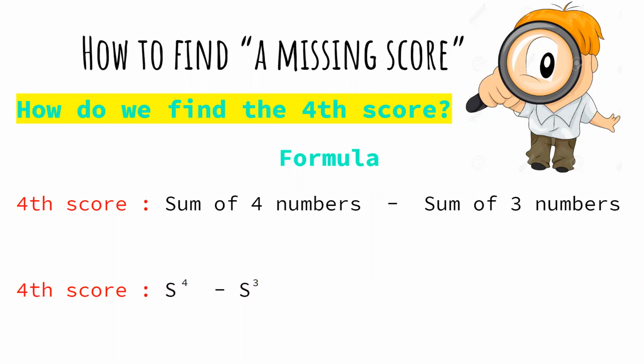So, to find the fourth score, you calculate the sum of the 4 numbers and subtract the sum of 3 numbers. And here's an abbreviated version. This is not the sum to the 4th power or the sum to the 3rd power. No. It's simply a shortened way to write the steps that we're going to take.